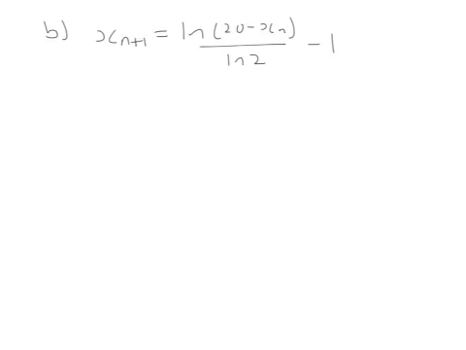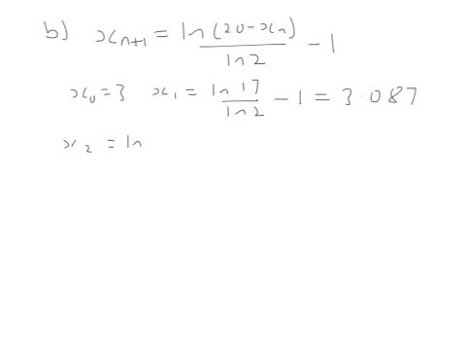Now in part B, x0 equals 3, so x1 is ln of 20 minus 3 over ln 2, take away 1, that works out to be 3.087, that's to 3 decimal places. So x2 is ln of 20 minus the previous answer. I'm going to write 3.087 here, but obviously use your previous answer to get it exact.